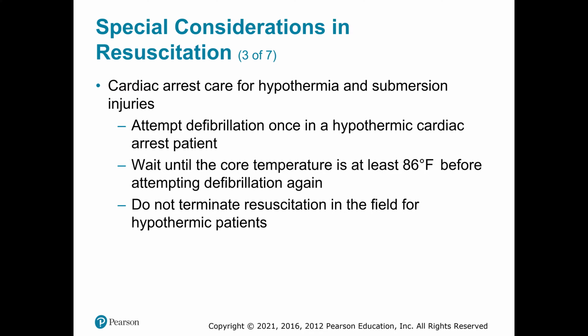So at this point in time, you're going to try to defibrillate them once, get them in the ambulance, crank the heat up, get to the hospital, and what they're going to do, passive or aggressive rewarming, depending on what situation calls for. And we don't terminate resuscitation attempts in the field for hypothermic patients.